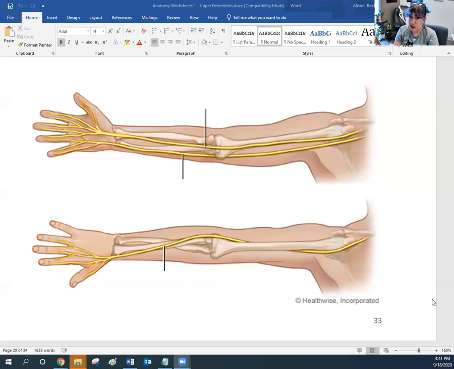It will also innervate some flexor muscles, and it will innervate the brachioradialis. That's not surprising, because the brachioradialis, remember, starts up here on the brachium and follows the radius.